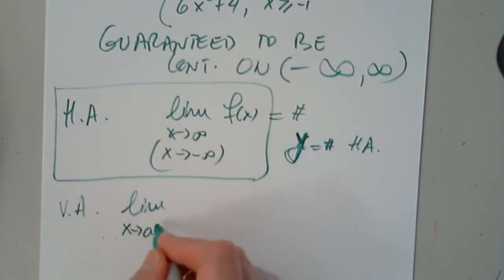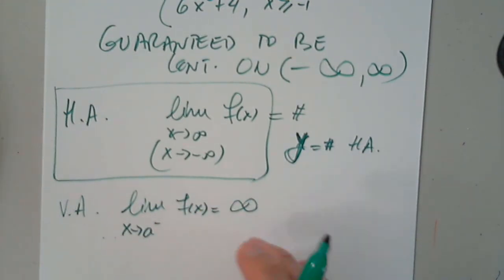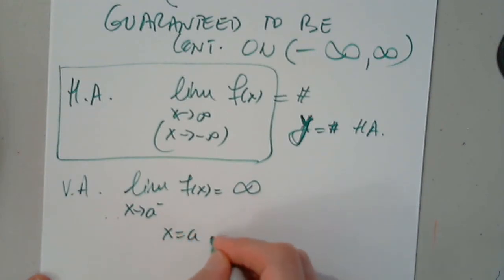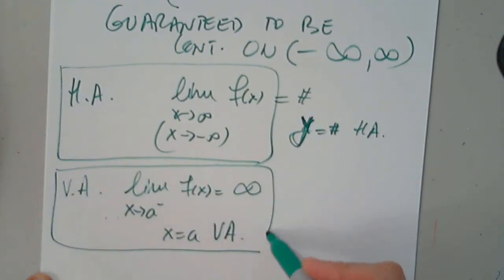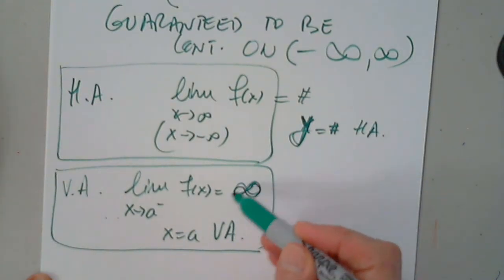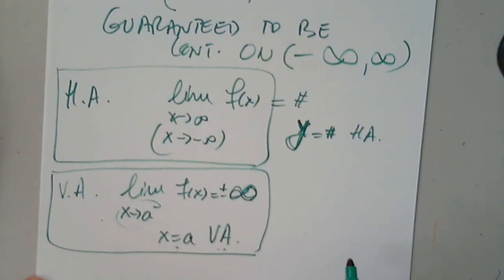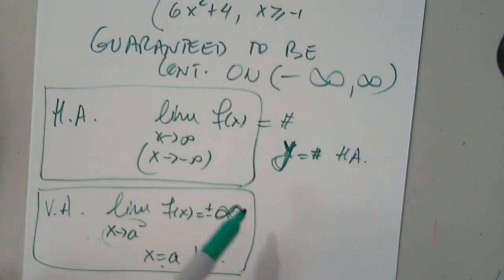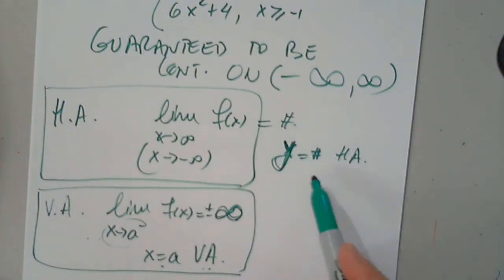So let's say the limit as x approaches a from the left of f of x equals infinity. Then x equals a is the vertical asymptote. So that's the difference. When this result is positive or negative infinity, then this is the vertical asymptote. But here, when you determine the limits at infinity, and if you get a number, not infinity, then that number is the horizontal asymptote. That's the difference between these two.